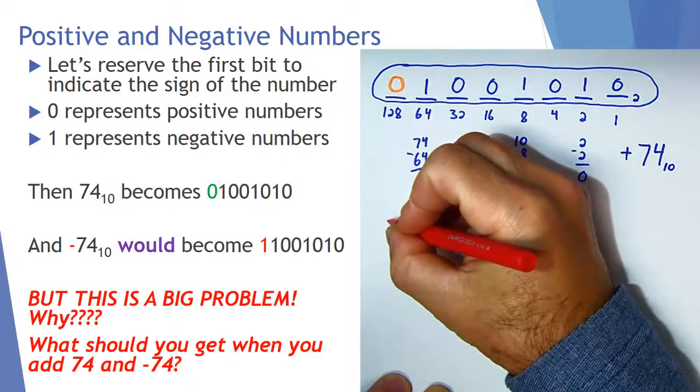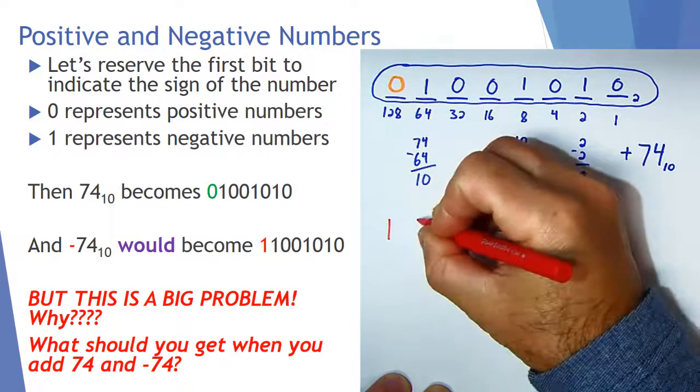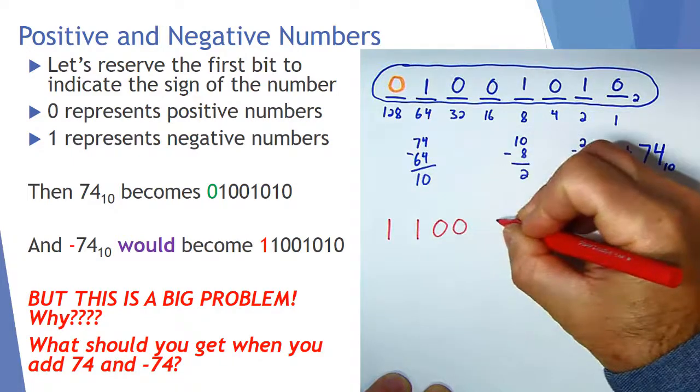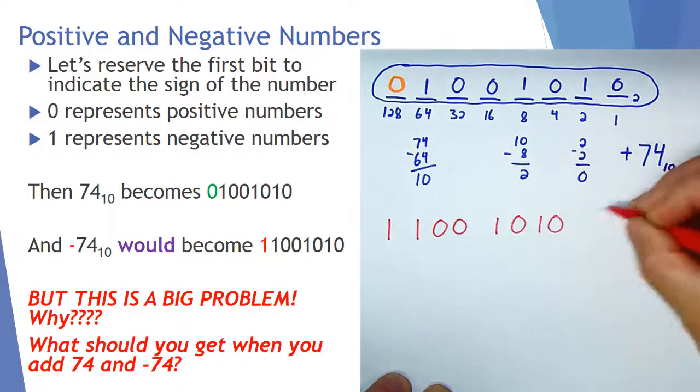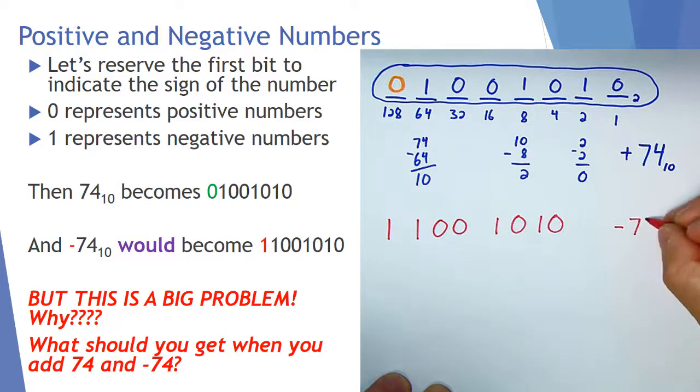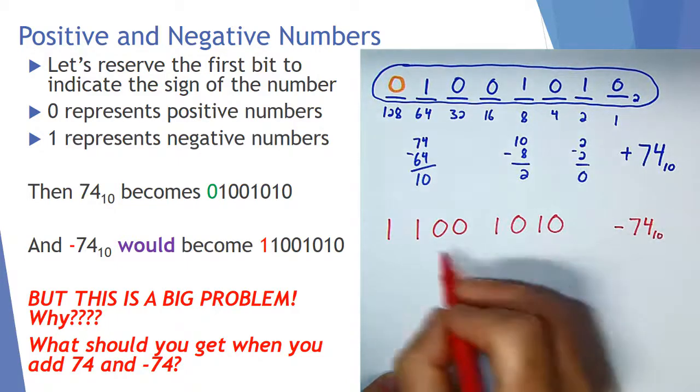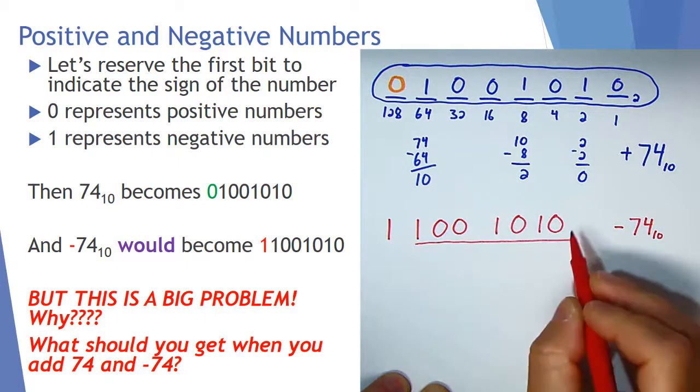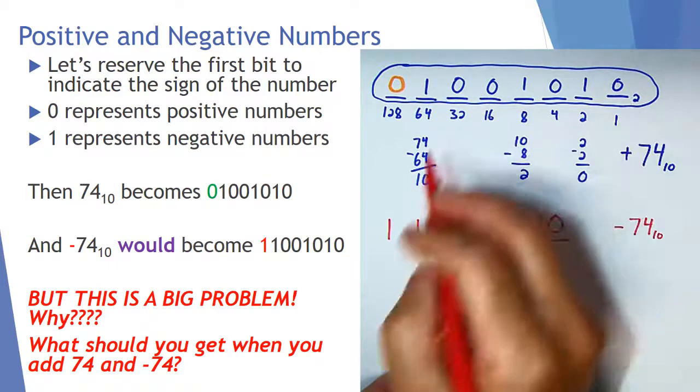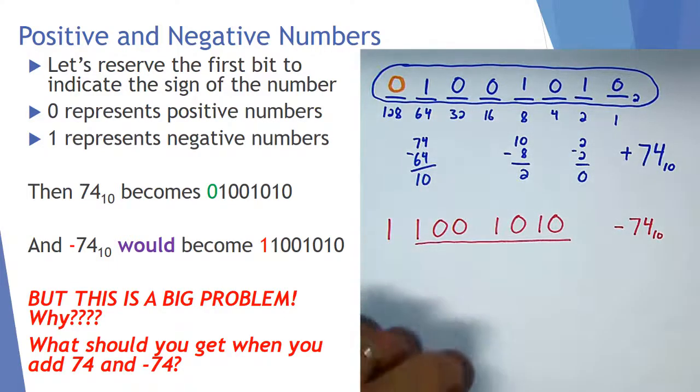We'd have 1, 1, 0, 0, 1, 0, 1, 0, and we would think that that would be negative 74 base 10. Notice that these 7 digits are the same as the ones above it. There's the 74, but it's negative, and so we put a 1 there.